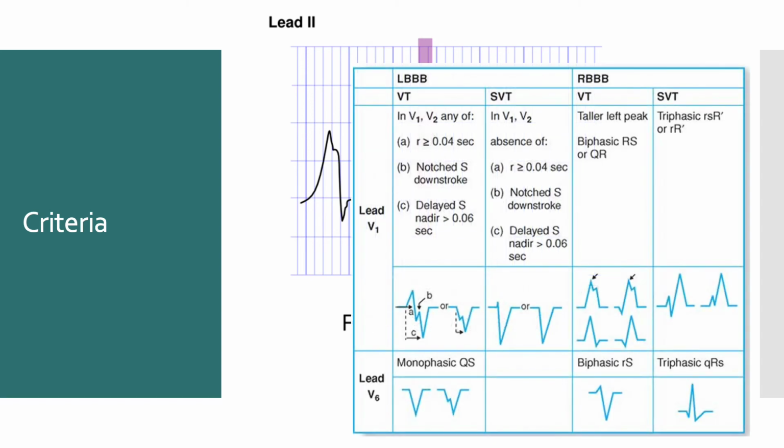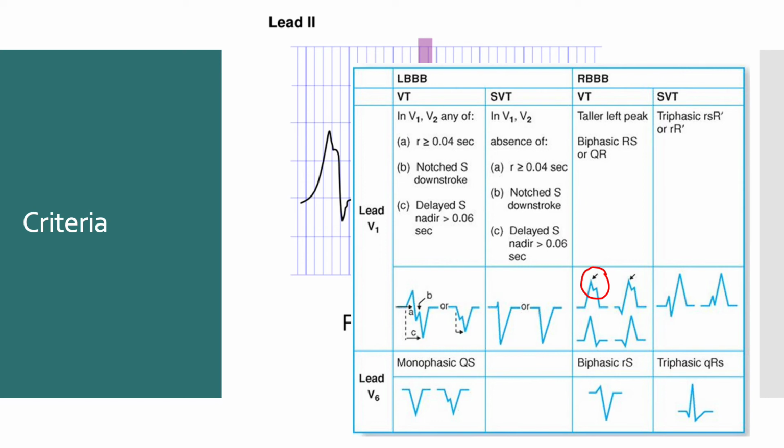And if you look at Brugada criteria, this is one of the first published criteria. He actually looked at different features of the QRS that are typical or atypical for a bundle branch block. And a lot of these features we kind of went over. So, for example, if you recall, in a right bundle branch block, if the first R is larger than R prime, and it's very unusual, it's almost certainly VT.